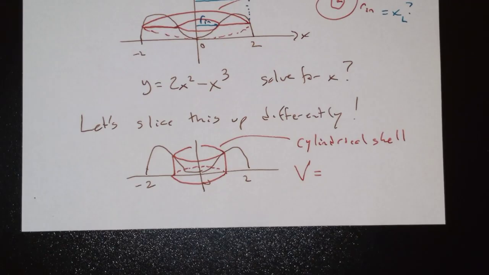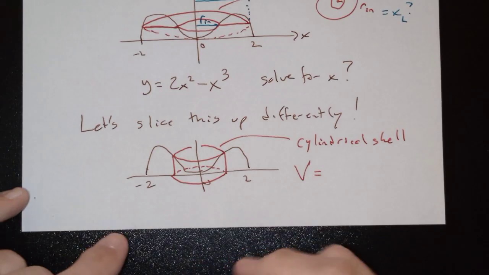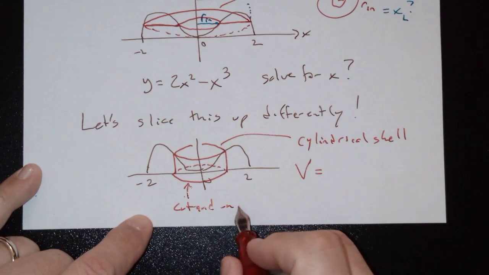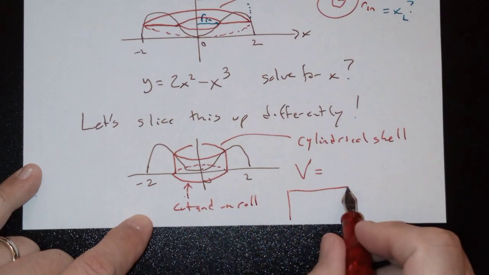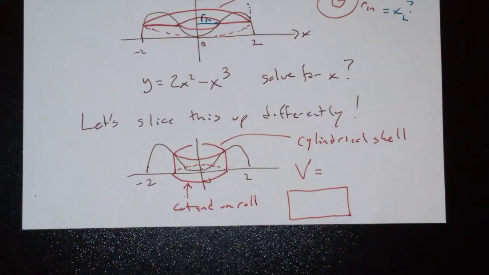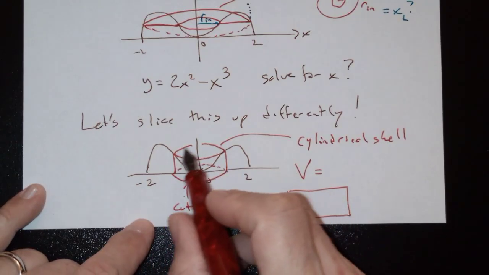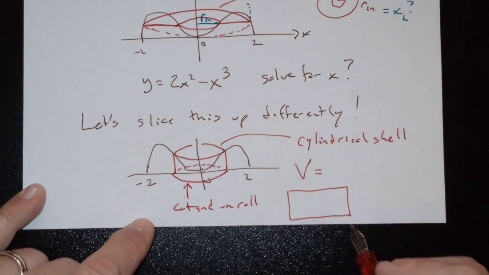The length of the box, that's going this way. Isn't that around the circle? If I take this and I unroll it, I get a rectangle. And so its area is length times width, but the length here is the length of this circle. That's a circumference.